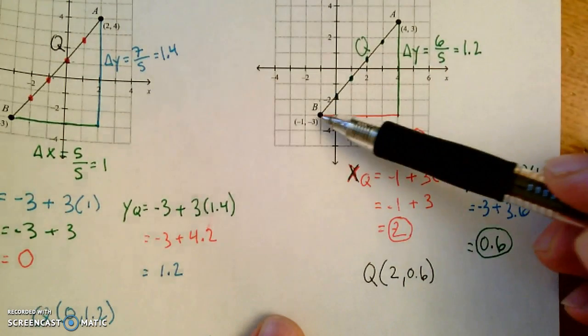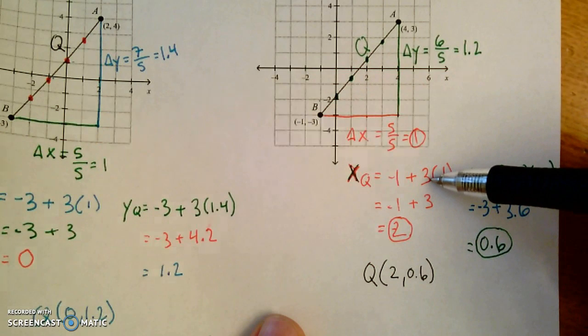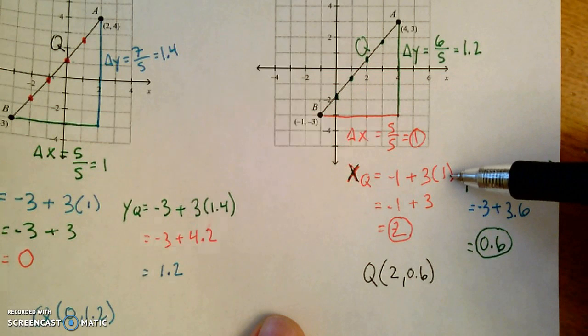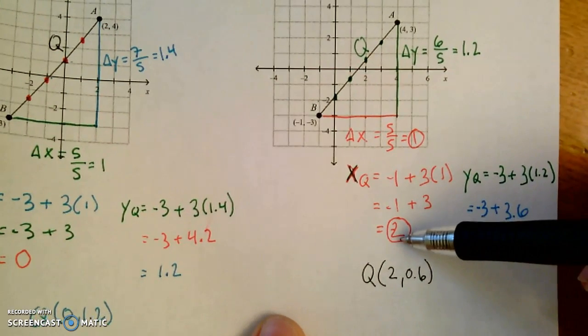Starting down here with B, we started at the -1, and we went over 3 parts, and each part was 1 unit in size, which gave us -1 plus 3, which gave us +2.